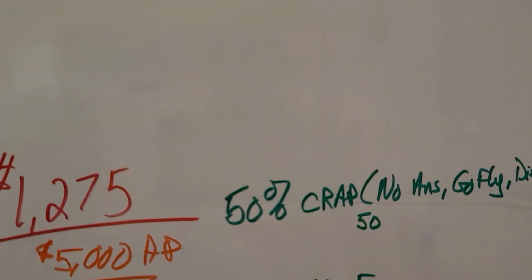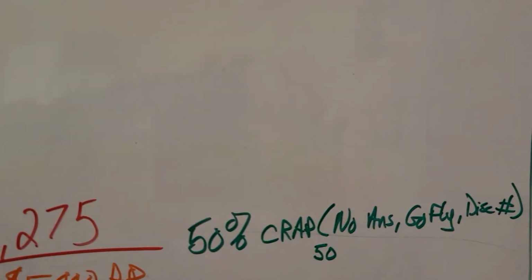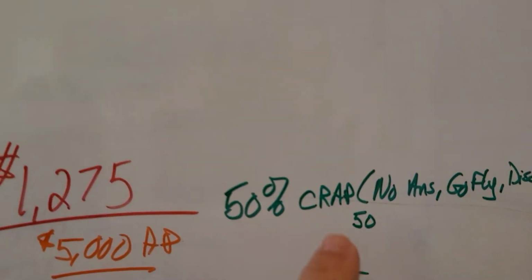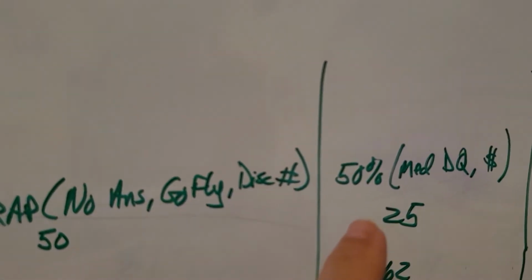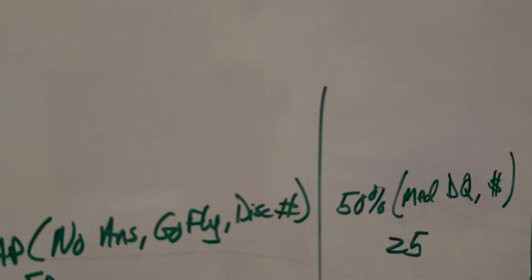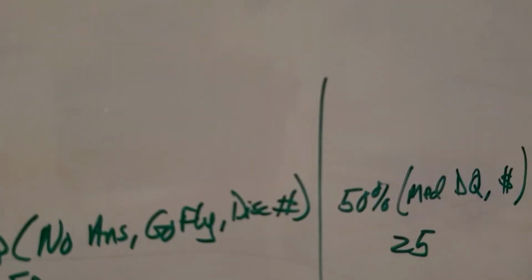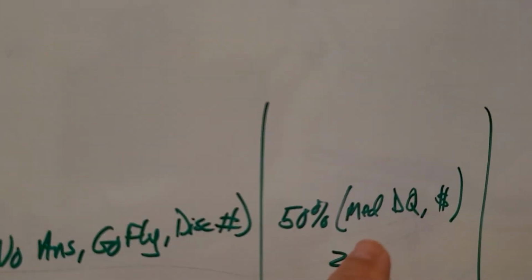Now, 50% is ridiculously high. So I'm making all these numbers absurd to make a point. That's going to give me 50 leads left to work. Out of that 50 leads, I'm going to take another 50% that, upon my pre-qualifications and my phone calls, are medically disqualified because I'm not going to do GI over the phone.